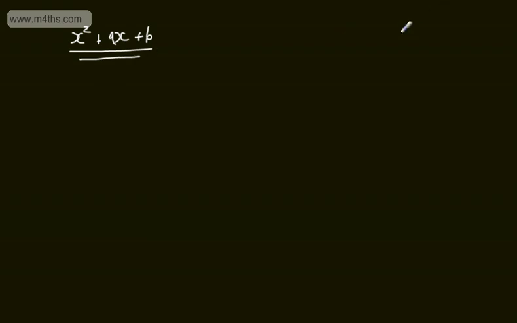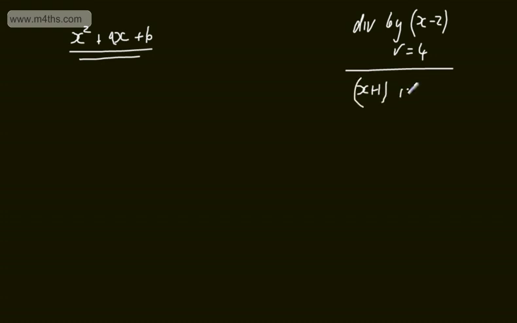We might be told that when x squared plus ax plus b is divided by x minus 2, the remainder is equal to 4. And also we might be told that x plus 1 is a factor. We would be asked to find the values of the constants a and b.